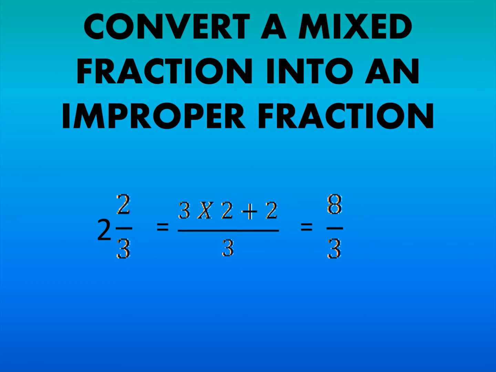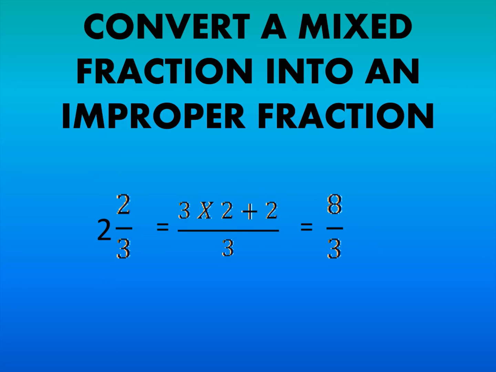Now, here comes a question. There is a mixed fraction and we need to convert the mixed fraction into an improper fraction. What shall we do? Take an example, 2 and 2 upon 3.